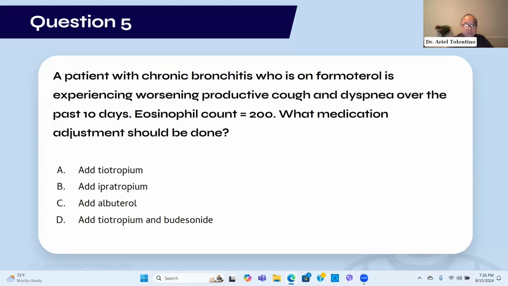And of course, tiotropium, let's stop sharing and discuss the rationale. We know tiotropium is a long-acting muscarinic antagonist. Now, we are choosing that because we have to add that to your formoterol, which is your long-acting beta agonist. And let's see why.